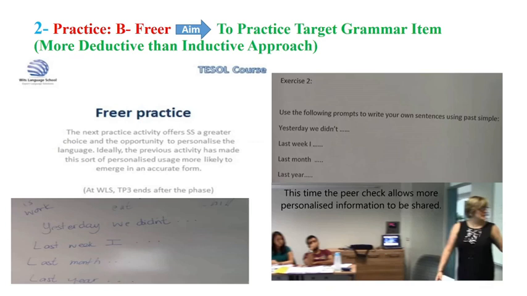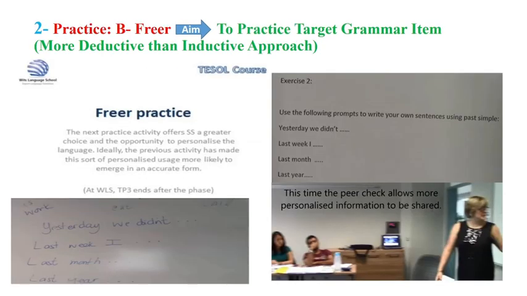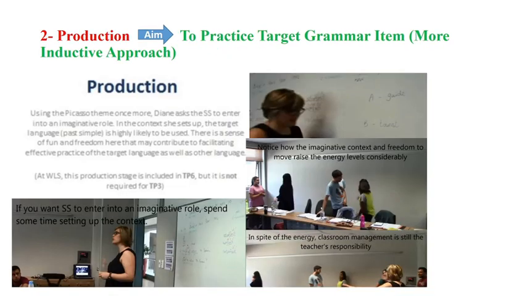One is a museum guide, the other is a tourist. In this context, she sets up the target language, past simple, which is highly likely to be used. There is a sense of fun and freedom here that may contribute to facilitating effective practice on the target language as well as other language.